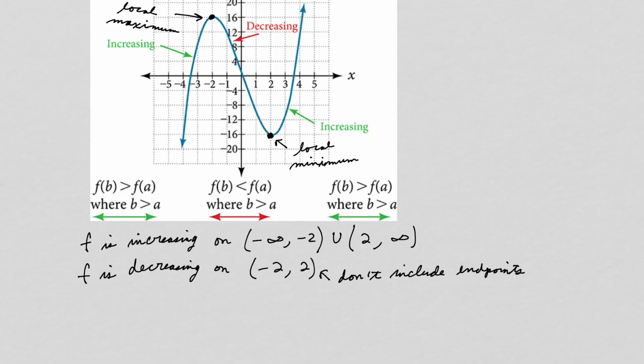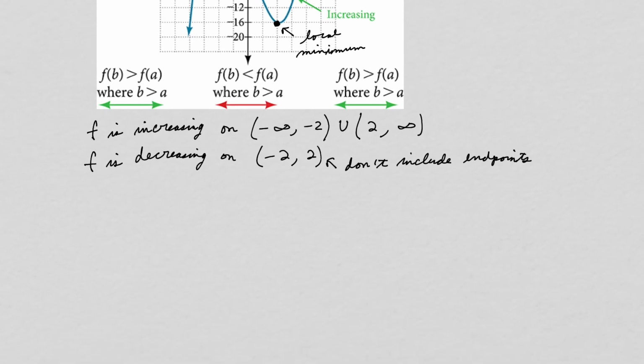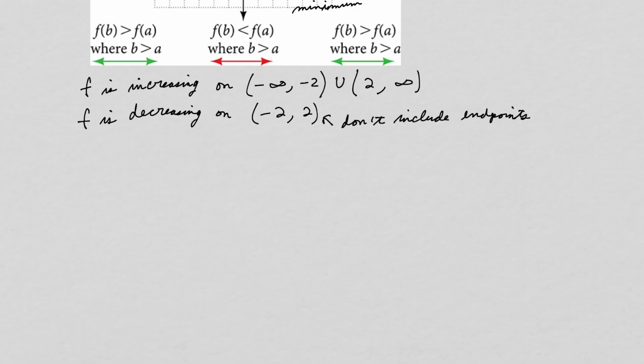All right, so here, I'm going to write that out in words down here. So at x equals -2, there is a local maximum. Right? Basically, there's a little hill there. It's the top of the hill.